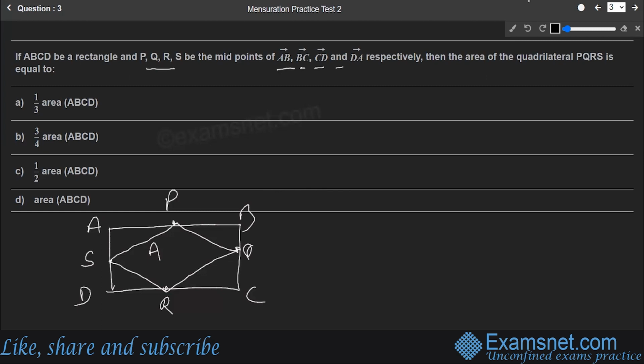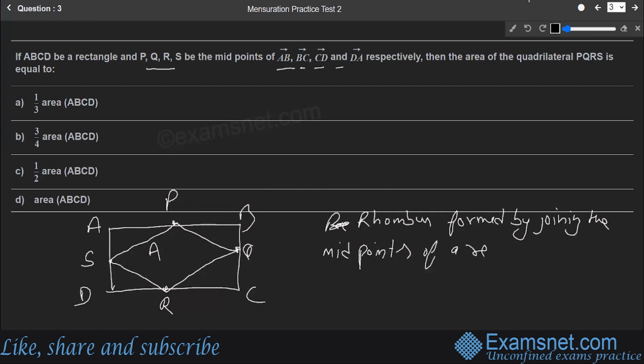rhombus or rectangle, the area is half of the original rectangle. So this is the theorem, that a rhombus formed by joining the midpoints, as in our case, by joining the midpoints of a rectangle, or a parallelogram also, has area equal to half of the original rectangle.